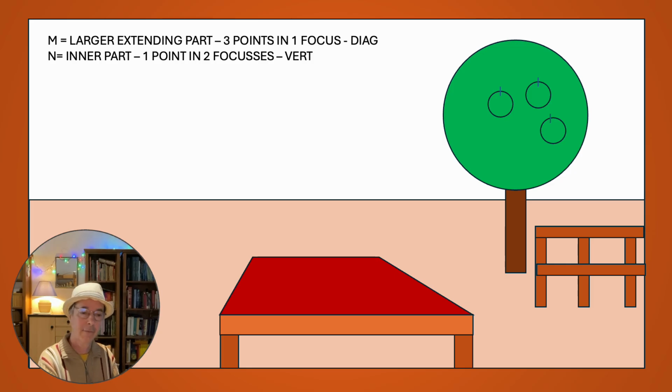And then I have just a few consonants, the M, which is also about the larger extending parts, where I need 3 points in one focus. I need a diagonal to help me, to guide me. Let's see where the M part is.